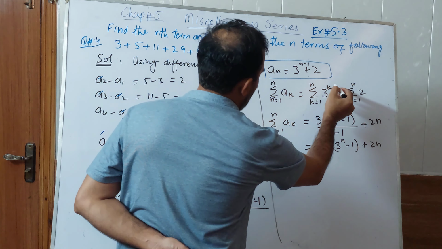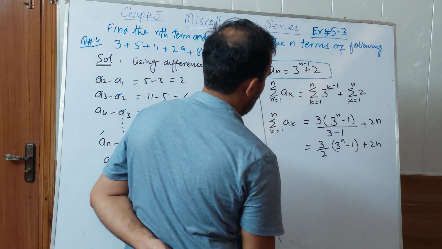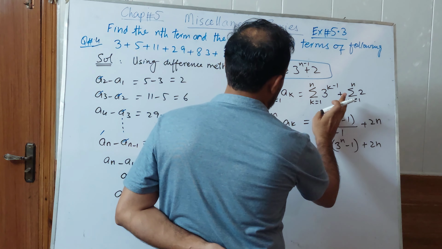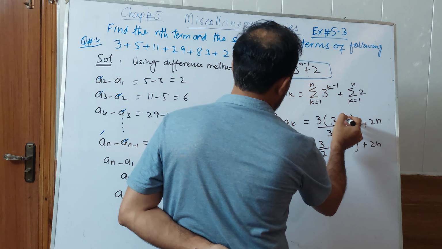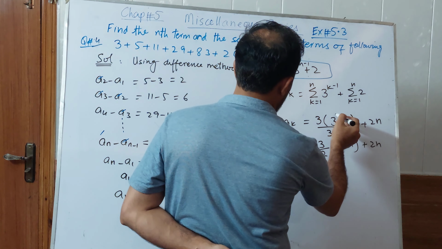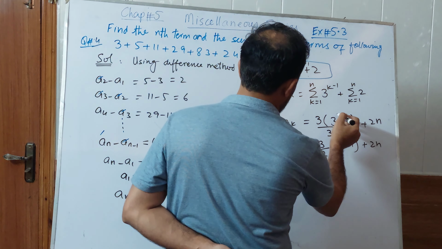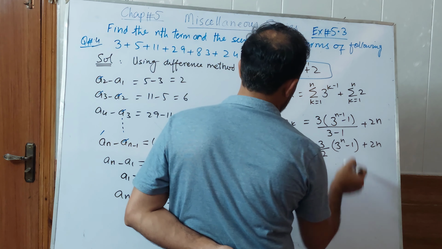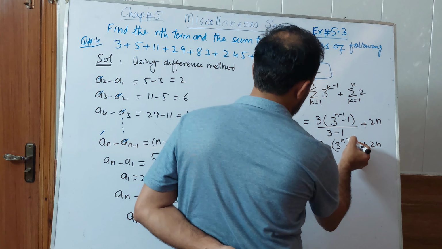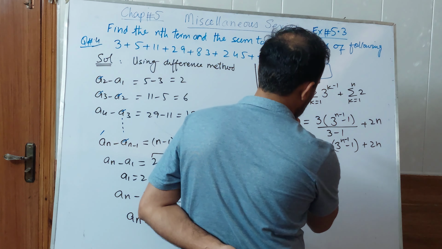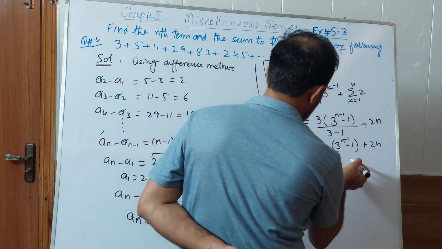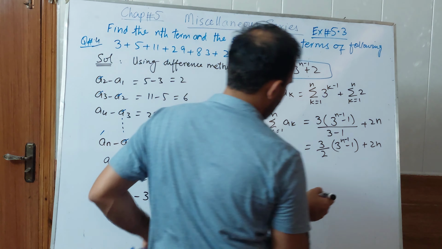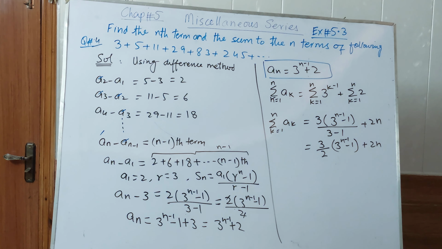So it will be k minus 1 over here, and it will be n minus 1 now. So this is the sum of n terms.